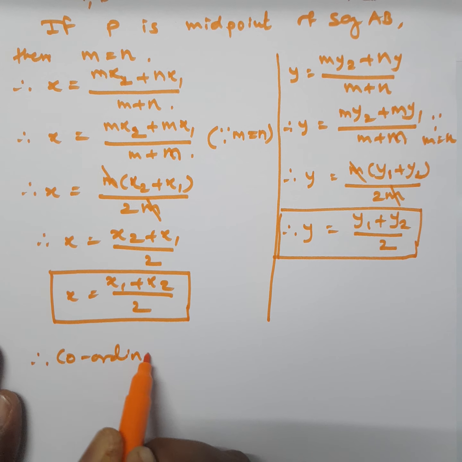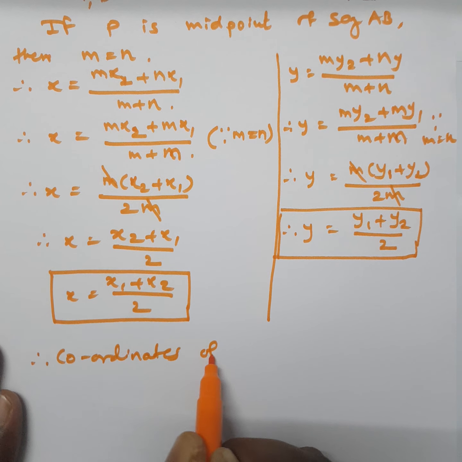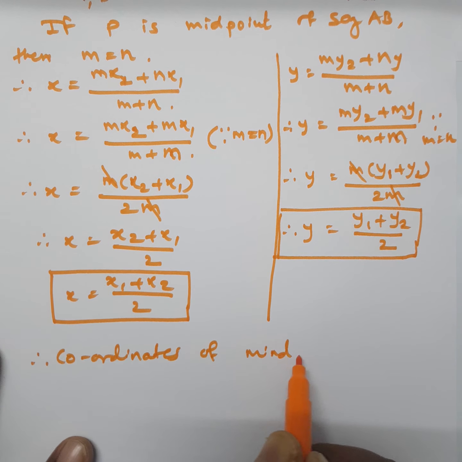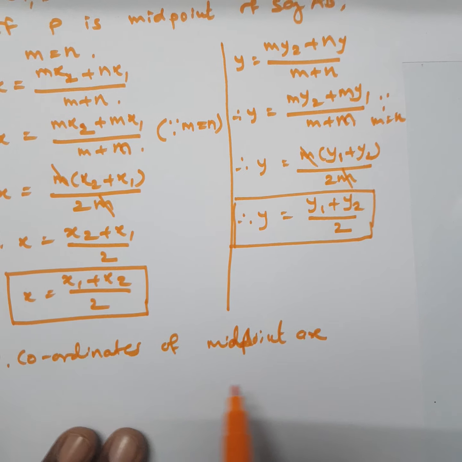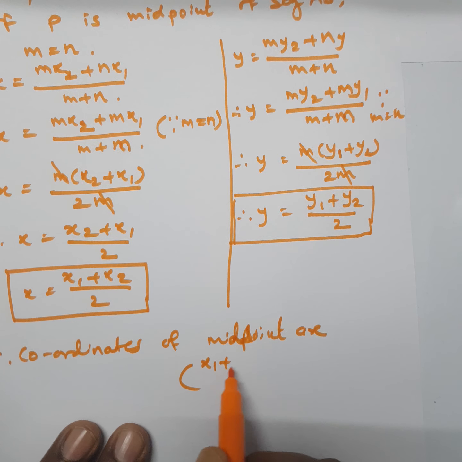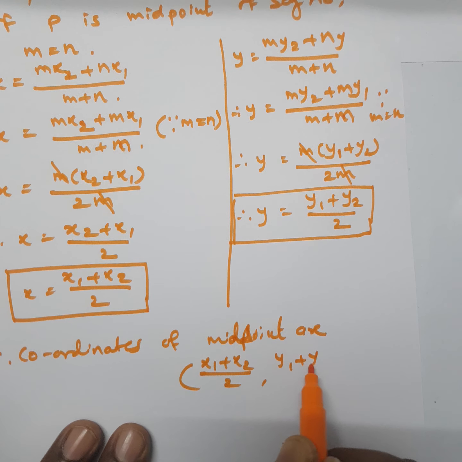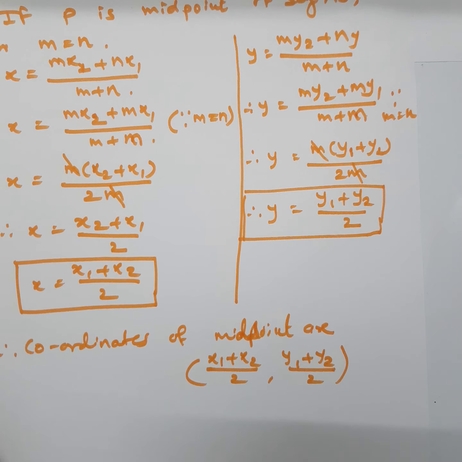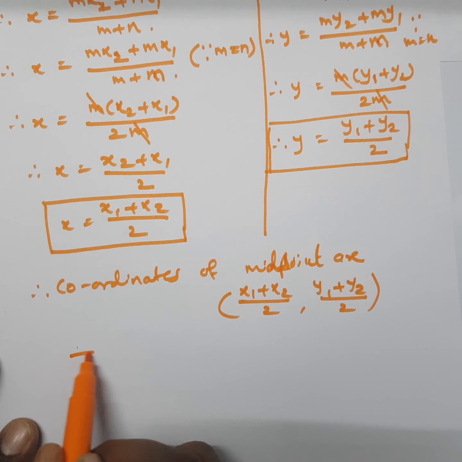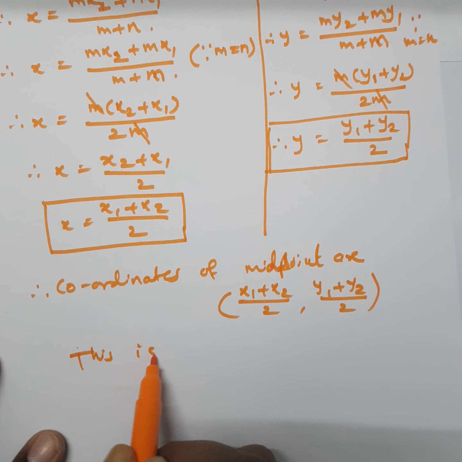Therefore, the coordinates of the midpoint are ((x1 + x2) upon 2, (y1 + y2) upon 2). This is called the midpoint formula.